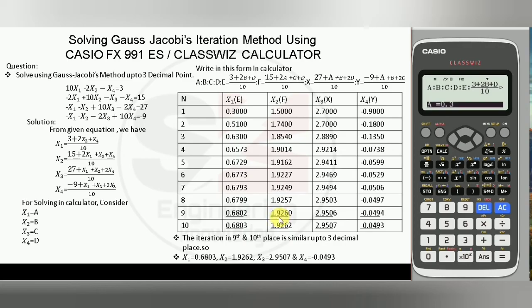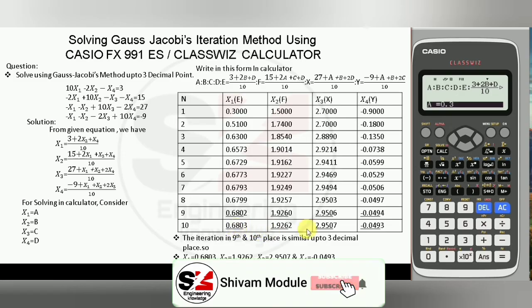The 3 decimal digits after the decimal point are matching in iterations 9 and 10. So we have to stop our iteration at this step, and these will be the values for the final variables, that is x1, x2, x3 and x4. The values will be from this table in this way.